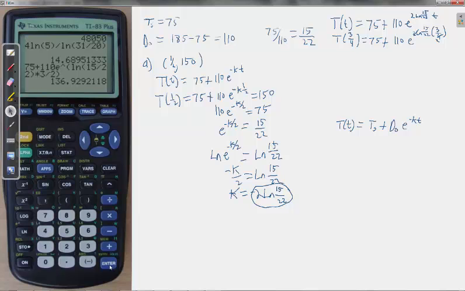So it's going to be approximately 137 degrees Fahrenheit.